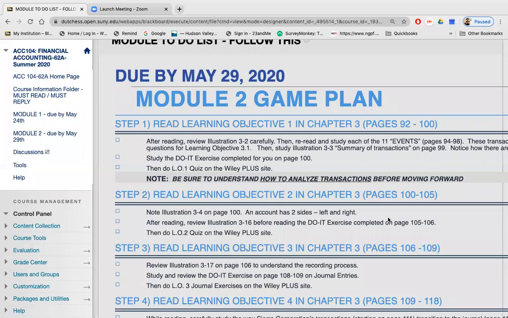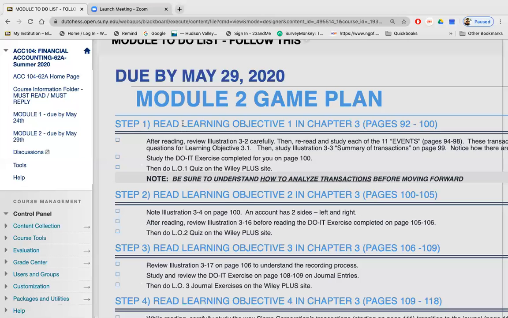Chapter 3 first introduces us to how to analyze transactions. And so learning objective 1, even though it's only these 8 pages, they're probably among the most important 8 pages you're going to be reading because you need to understand how to analyze transactions in order to understand the bookkeeping process that's going to be introduced to you.